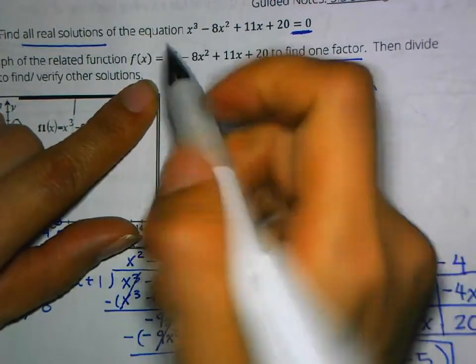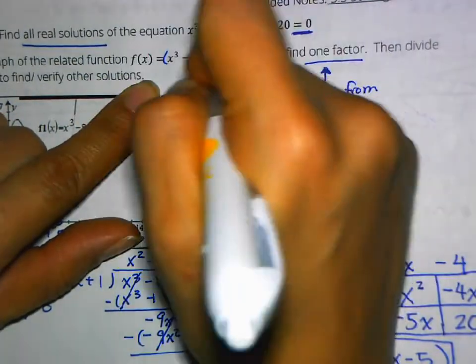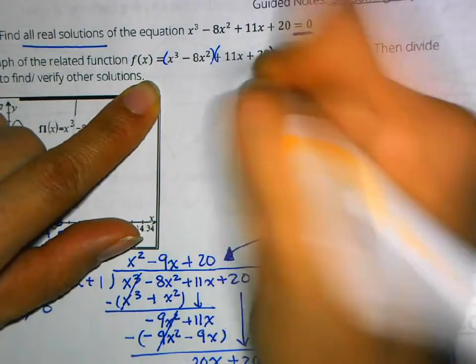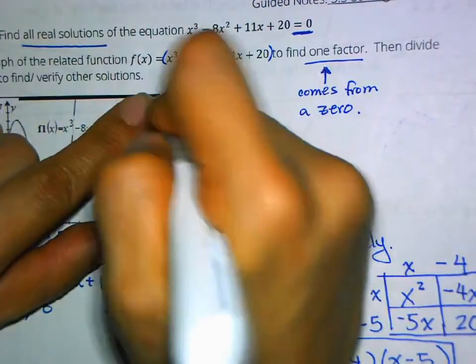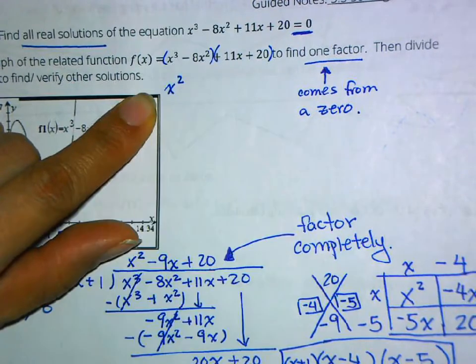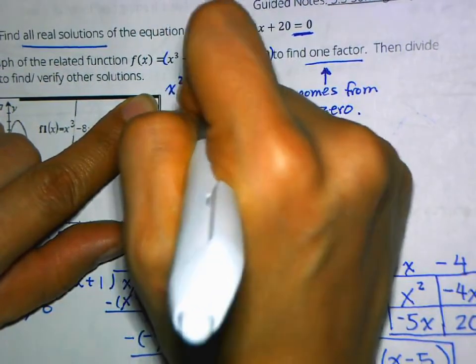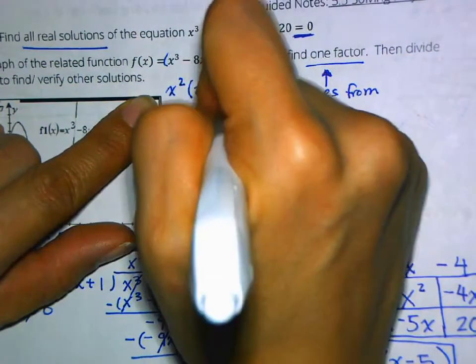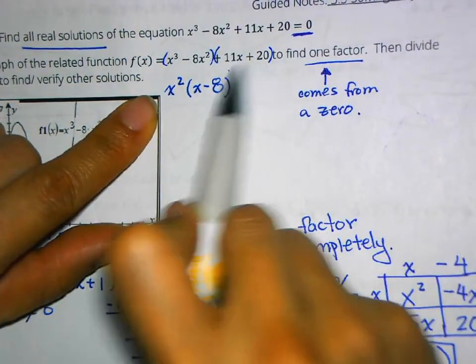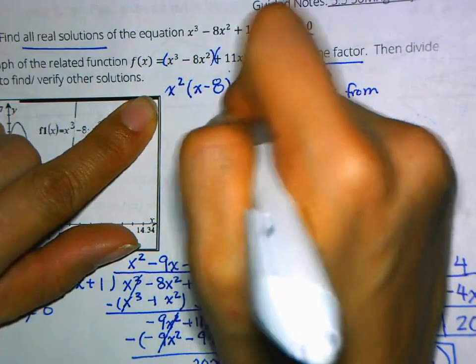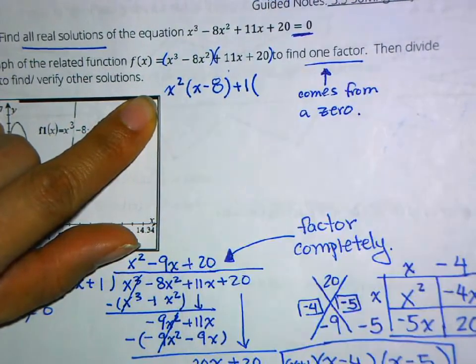If I were to group it, I would have this. Then I would have x squared as the greatest common factor on the first one. Leaves me with x minus 8. And then I would have 11 and 20. I would have no greatest common factor, so I would have a plus 1.